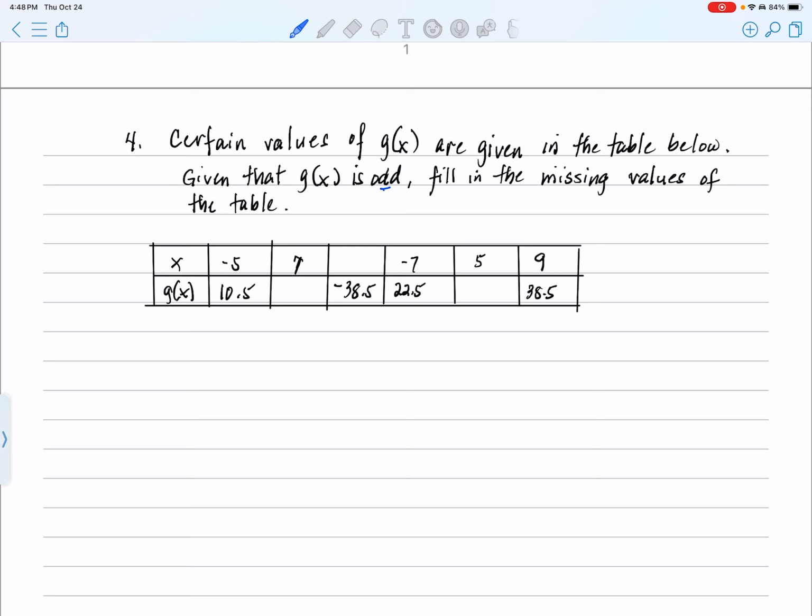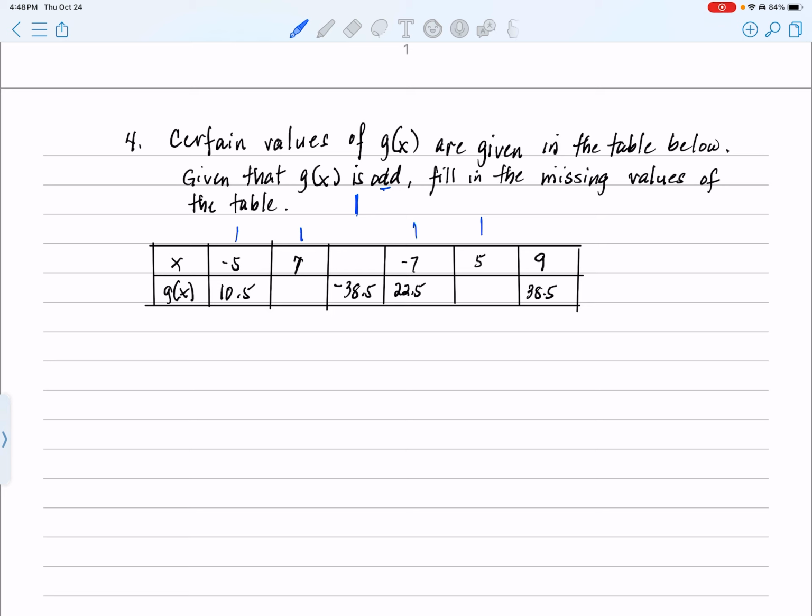So if I look at here, this is a positive 7 and this is negative 7. I think this is very easy to fill in by doing an observation. This is a negative and this is a positive. Therefore, this might be the middle, the symmetry. I'm trying to see if it's symmetrical.